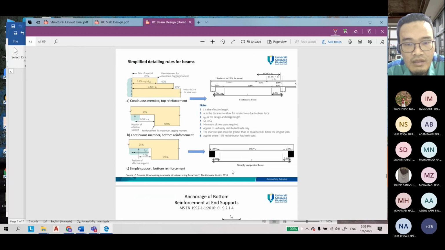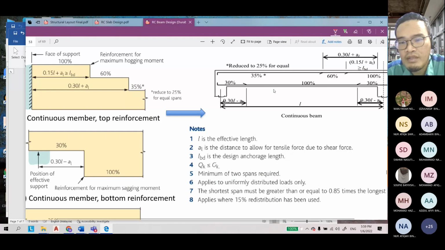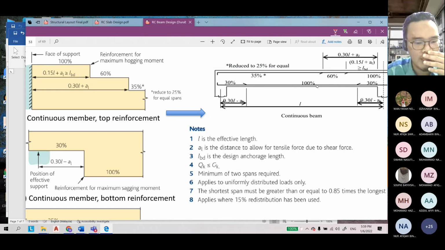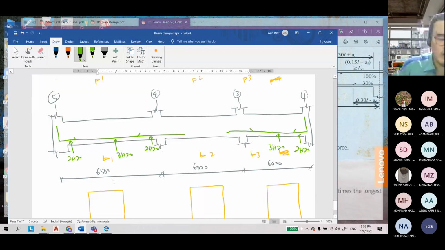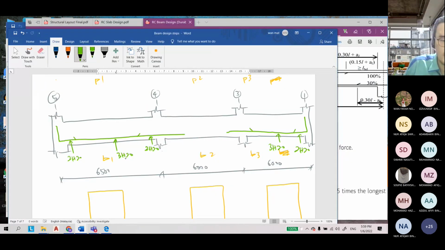At any other support, you can use 30% out of 100%. So actually here, I can use 30% of 3H20. Actually, I can use 1H20 only, 1H20. So it means this is 33%. But it is very rare to use one, okay? So you use two, at least two bars. Okay?